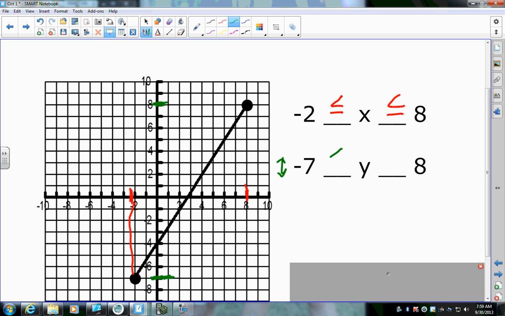So I'm going to leave my symbols like this, where you put the small to the left and the large to the right. Now they have darkened circles, so you put the equal to bar. This is saying that y is all the numbers between negative 7 and 8.